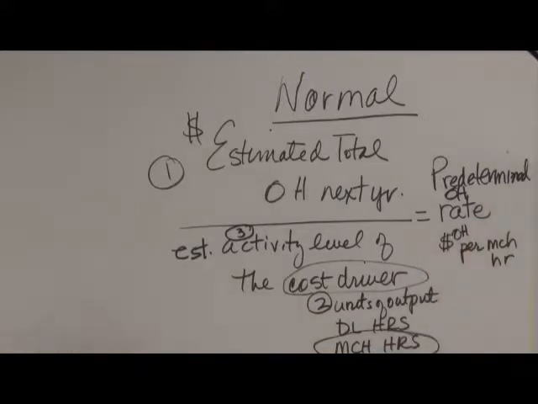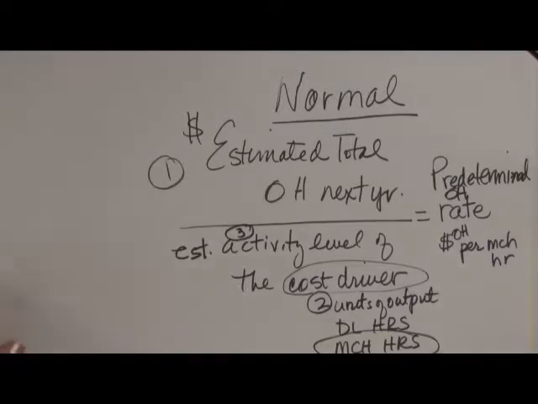So many dollars of overhead per machine hour. So again, it's very important to understand the timing. This rate is developed before the year begins. That's why we call it a predetermined overhead rate. In this case, it's going to be so many dollars per machine hour.